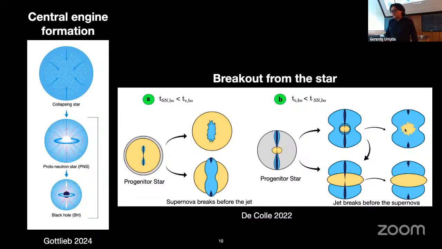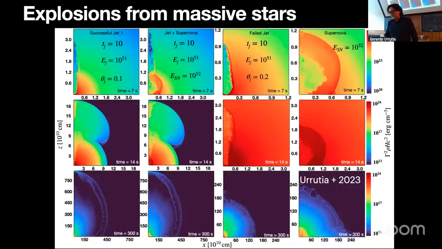We can observe a failed case, or the jet successfully crossing the supernova and propagating inside the cocoon, or the other case, in which the supernova has in some way failed, but here we have two explosions. So one motivation is to explore what could be the conditions to get these kinds of explosions.